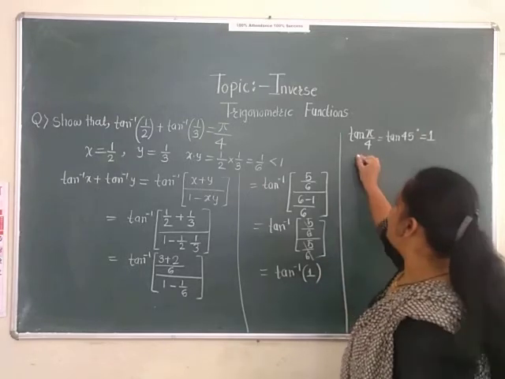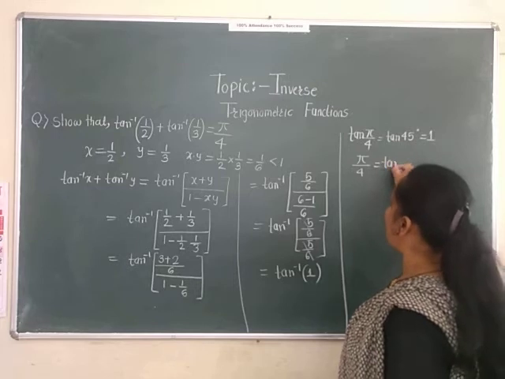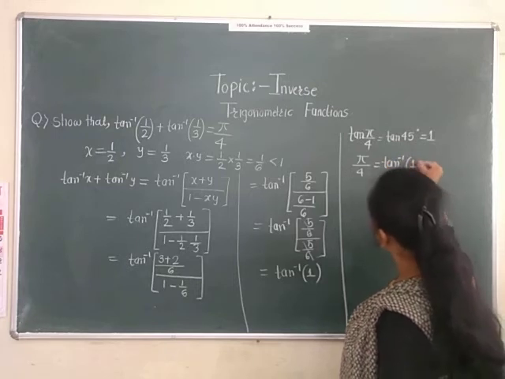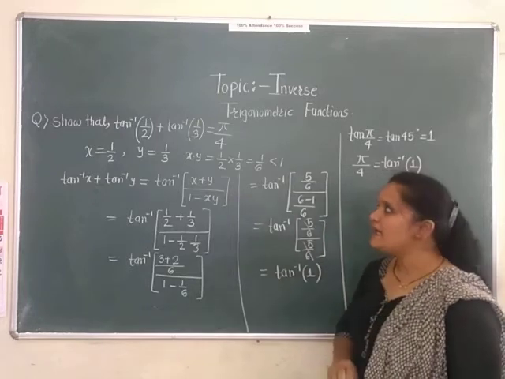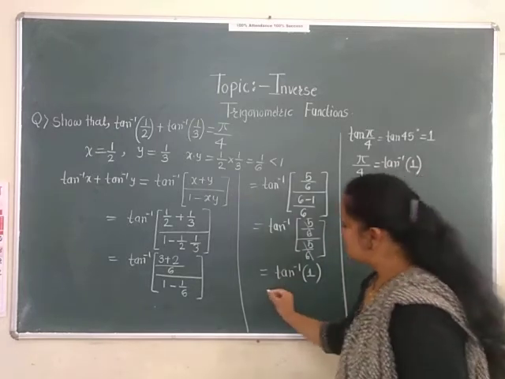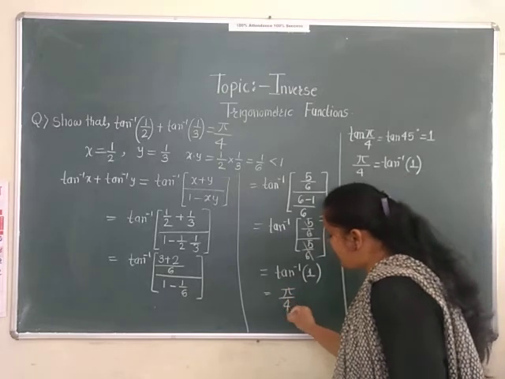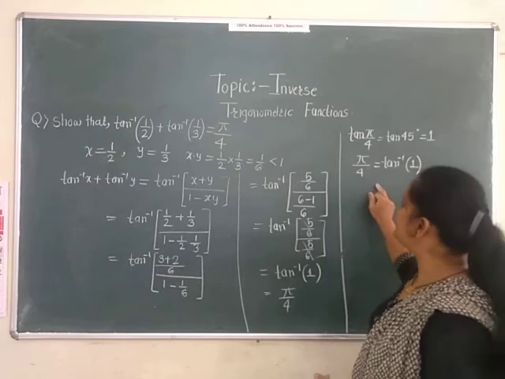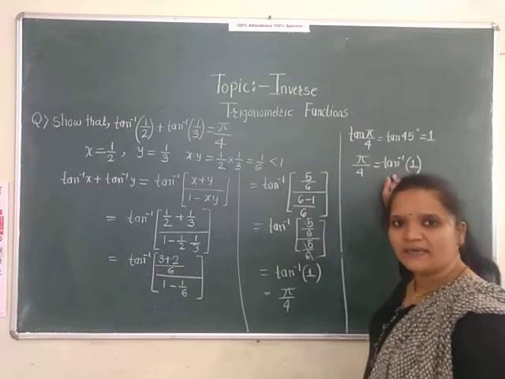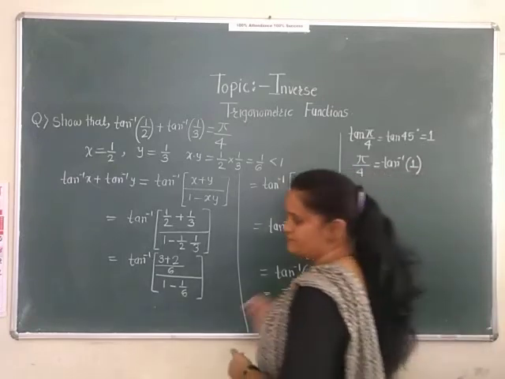So pi by 4 will be equals to tan inverse of 1. So pi by 4 की वैल्यू हम क्या लिख सकते हैं? Tan inverse of 1. So tan inverse of 1 is nothing but pi by 4, and reason for this step is written here because we know that pi by 4 is nothing but tan inverse of 1. Write down this one.